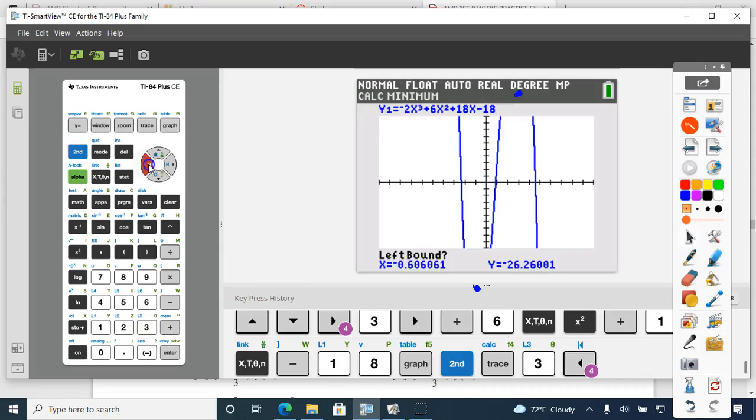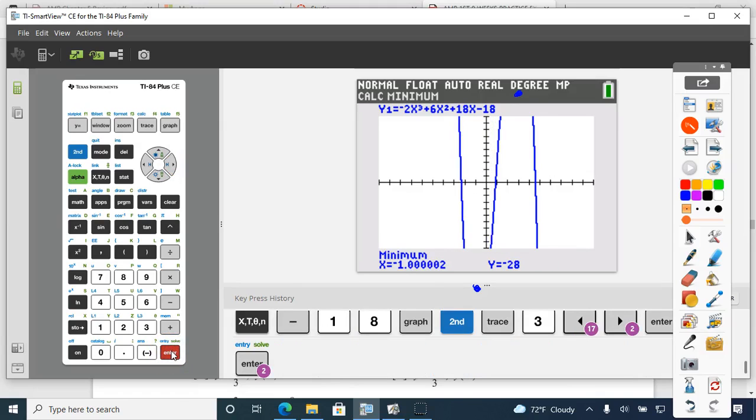I'm going to move my cursor until I can see it. I move it to the left of my point and hit enter, and then scroll over and move it to the right. Hit enter and enter. So there's my minimum, -1, -28.